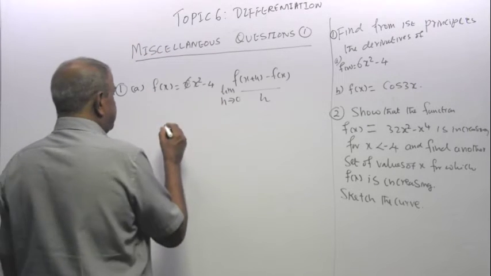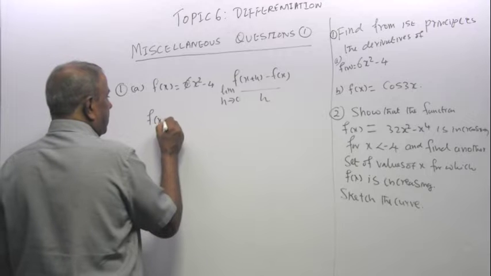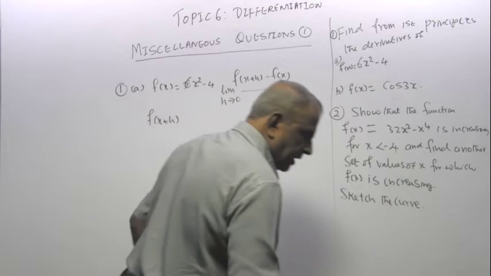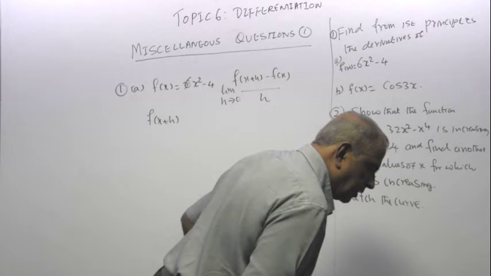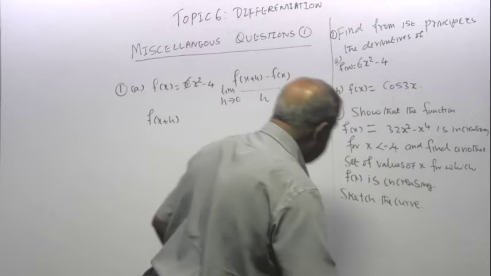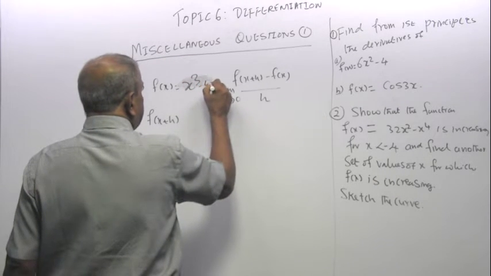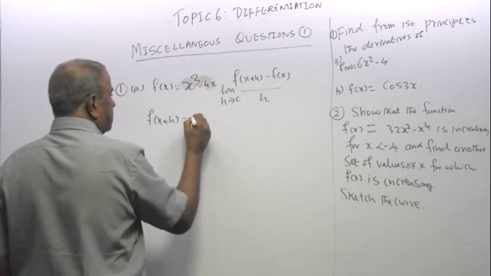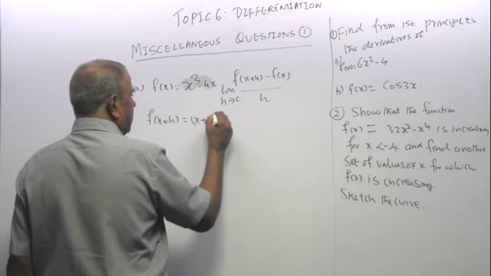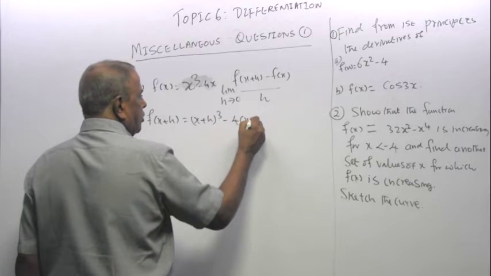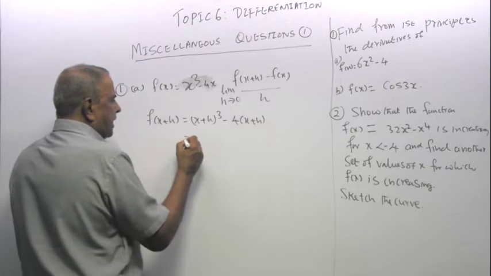I'll stick to that. So what is f of x plus h? Oh no, it's not 6x squared minus 4. It is x cube minus 4x. I'm sorry. So f of x plus h will be x plus h whole cube minus 4 times x plus h. Let's expand this.